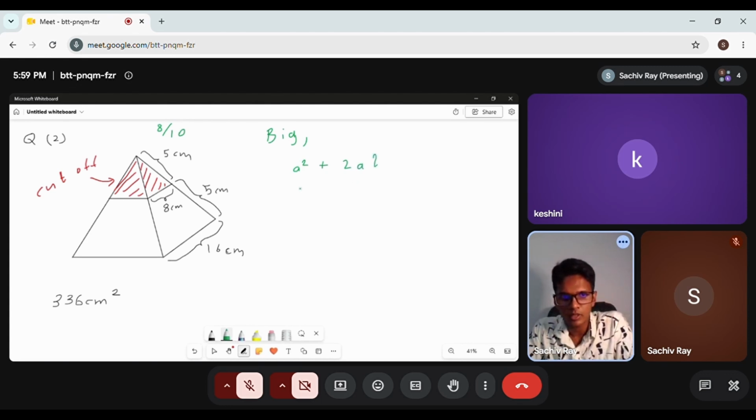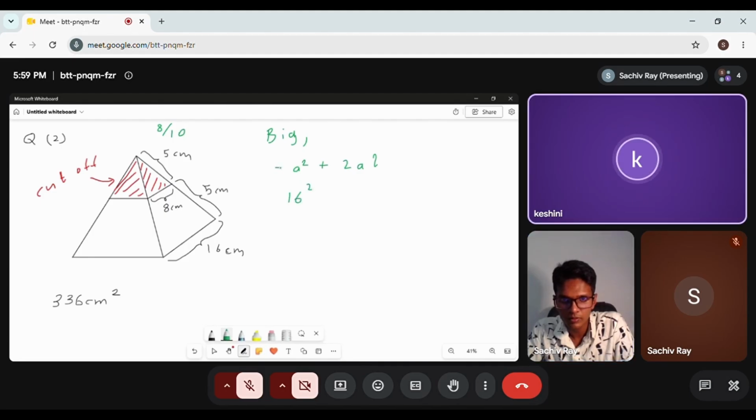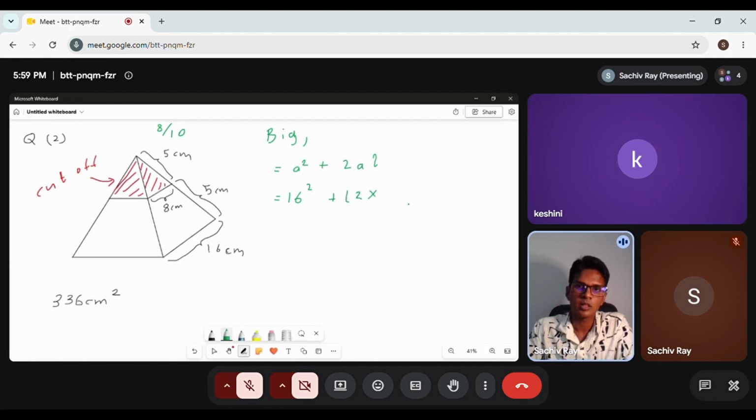A is going to be 16. So 16 squared plus 2 times A, which will be 16 again, and then L should be 6. 6, 8, 10. Yeah. What is 16 squared?